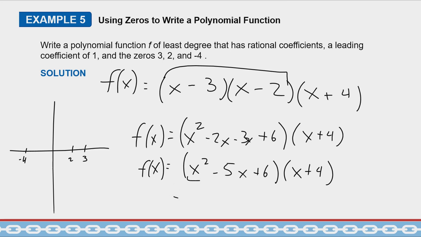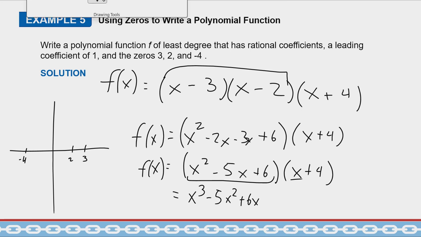So I'm going to multiply all three of these terms by the x. So x to the third minus 5x squared plus 6x. And now I'm going to come back through and multiply them all by the 4. Plus 4x squared minus 20x plus 24.